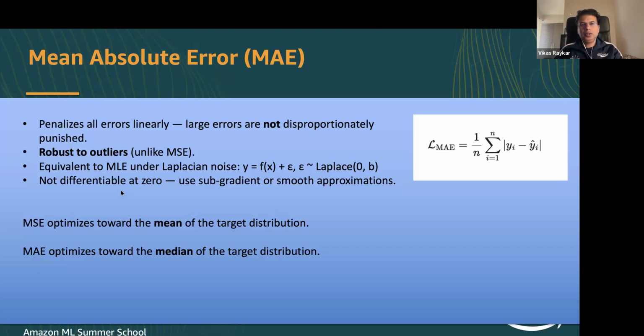One thing to notice is that MAE is not differentiable at 0, but in practice we use subgradients or smooth approximations. A side note is that mean squared error optimizes towards the mean of the target distribution, whereas mean absolute error optimizes towards the median of the target distribution.